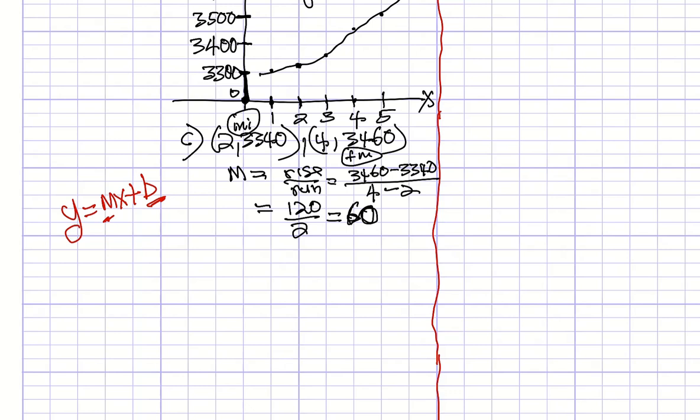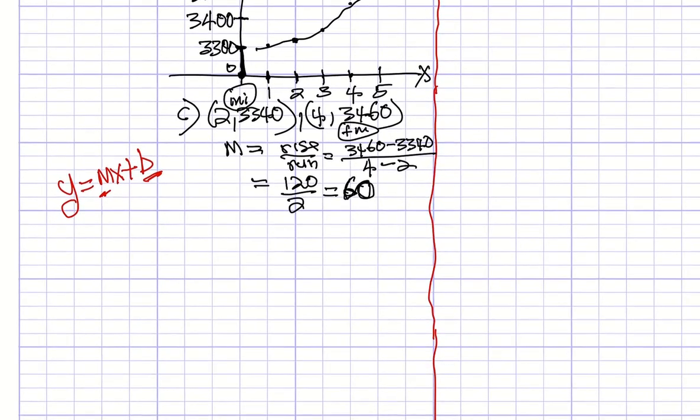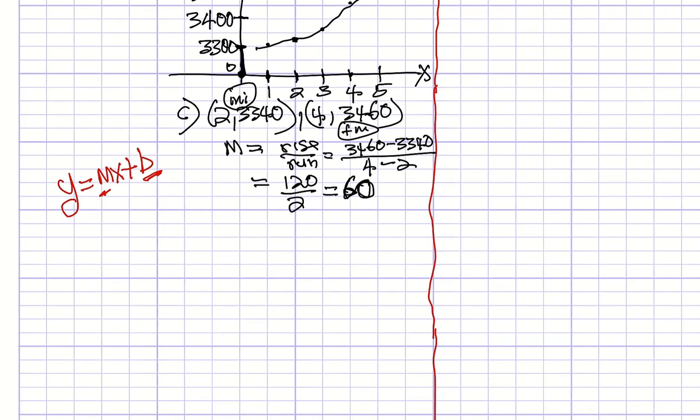Since we don't have the y-intercept, let's use what I call the point slope form. We use one of those points, one of those ordered pairs. Let's use the first one.